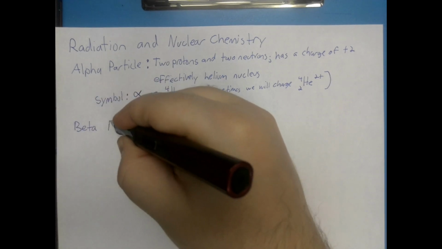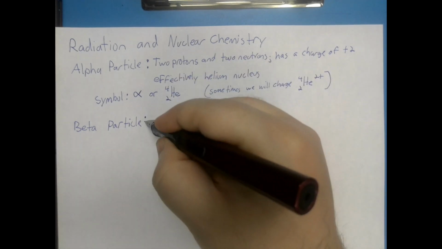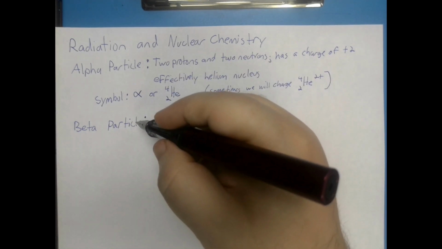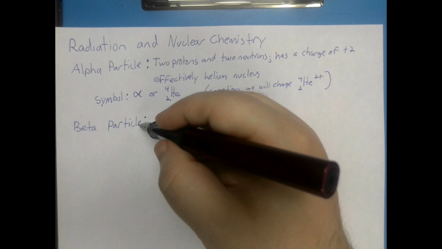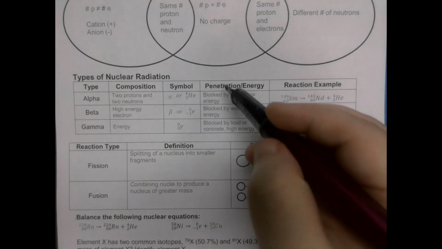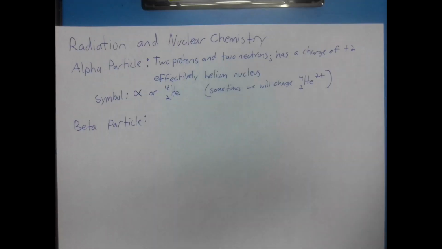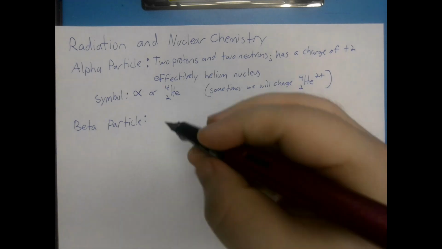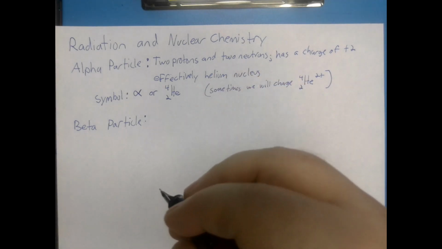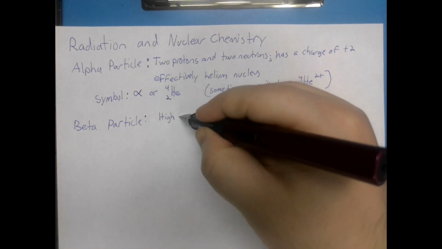Beta particle. Summarizing this, a beta particle is a high energy electron.